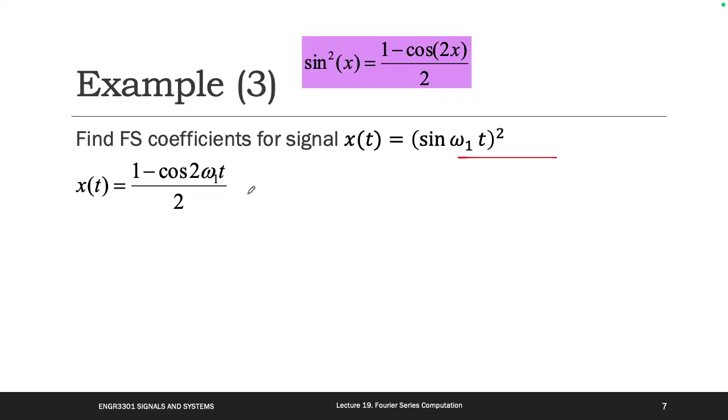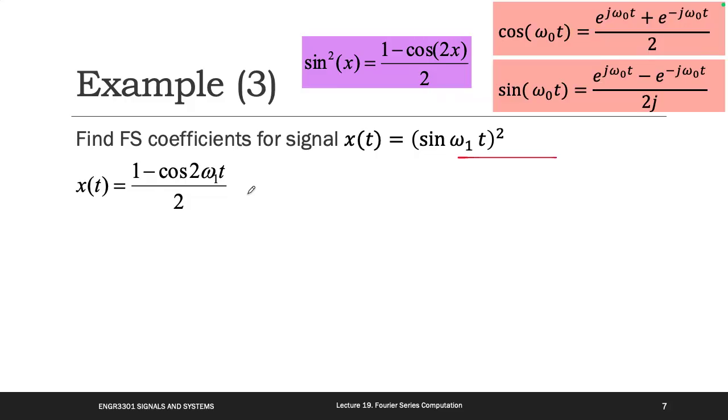Actually, there is an equation we can use. If you want to convert a sinusoidal signal to complex exponential signals, what equation will you use? Just remember those two: the Euler equation.